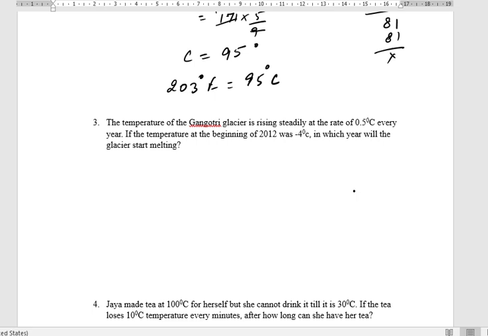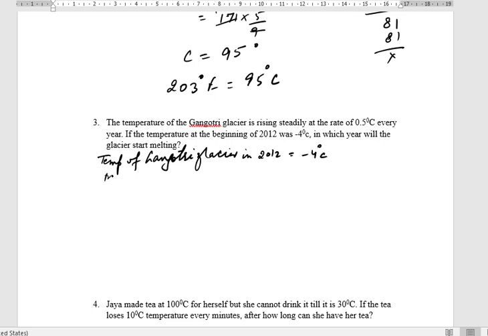So how to go about it? So temperature of Gangotri glacier in 2012 was how much? Minus 4 degree Celsius.